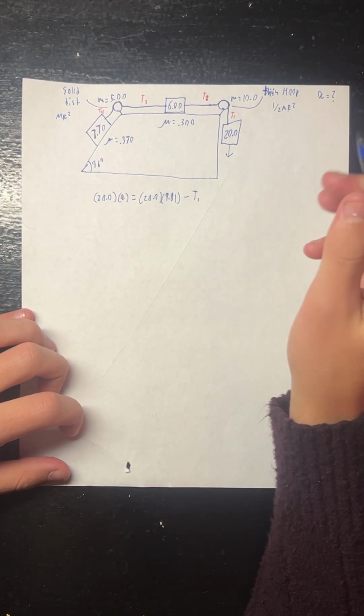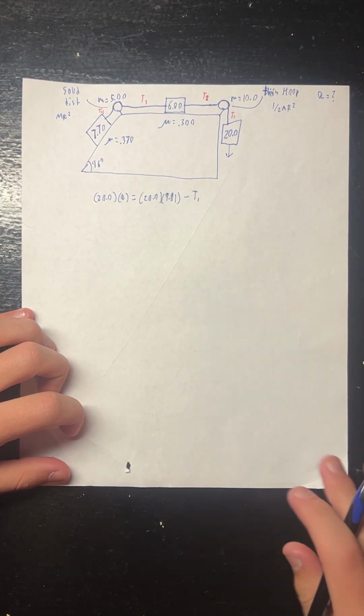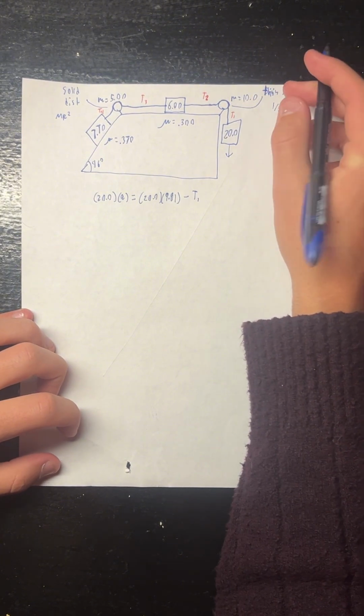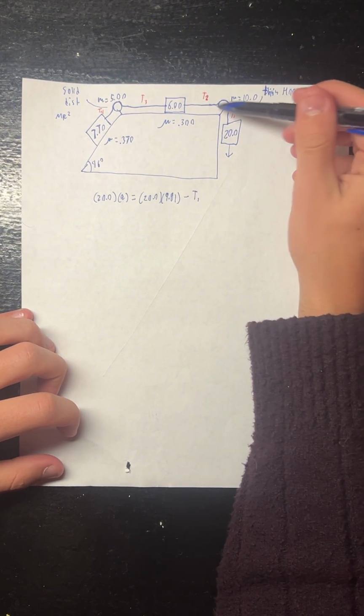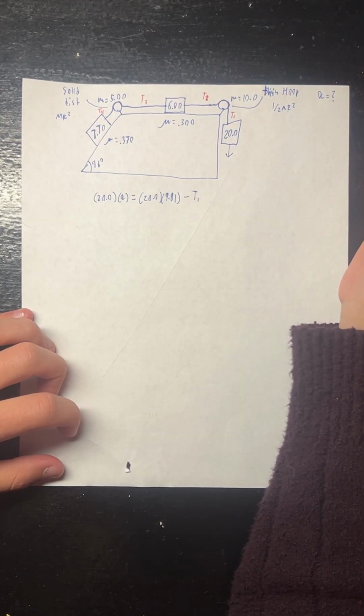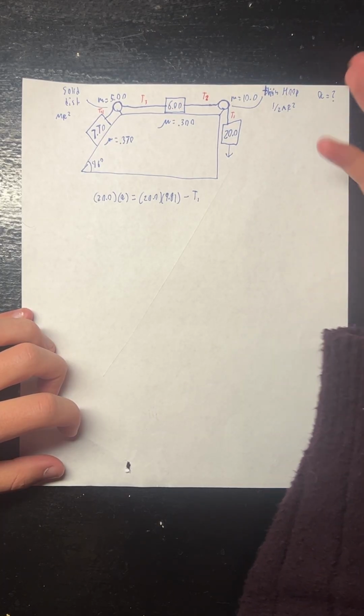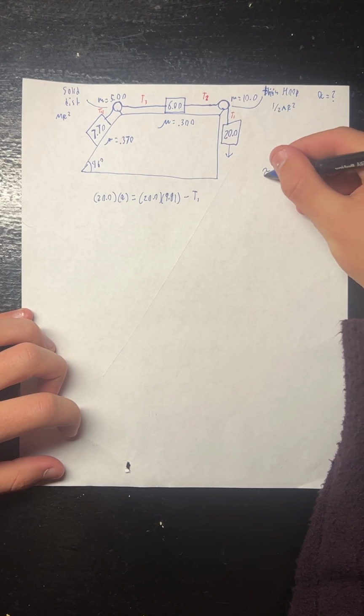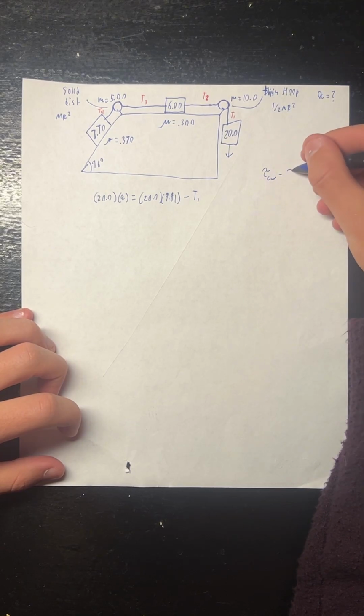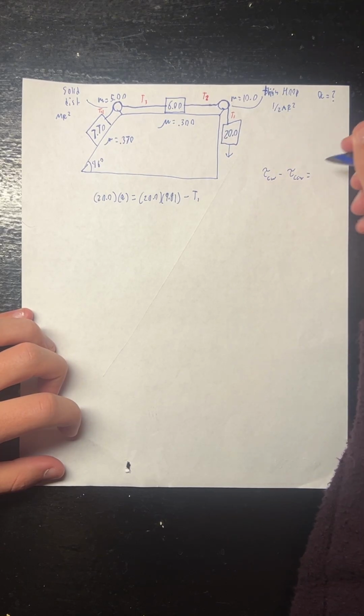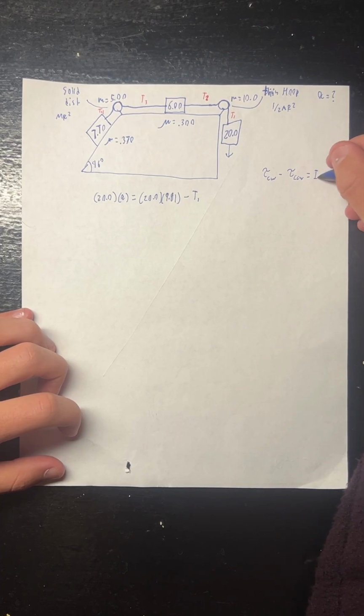Then our second one has to involve the pulley here. So since the pulley has mass, it creates these 2 tensions here. So how do we set this up? Well, we should know that the torque clockwise minus the torque counterclockwise equals our I alpha.